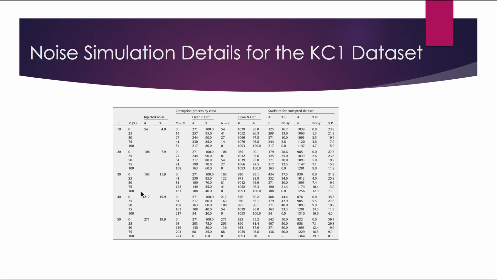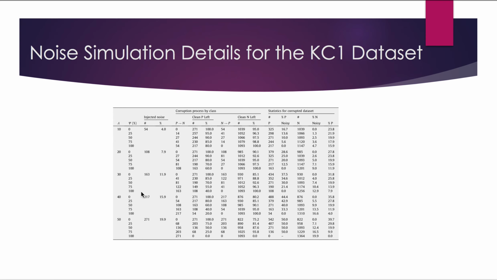Here are the noise simulation details for the KC1 dataset. In the simulation, the total number of noise examples corrupted in each dataset is given by 2 times lambda times the number of positive examples.